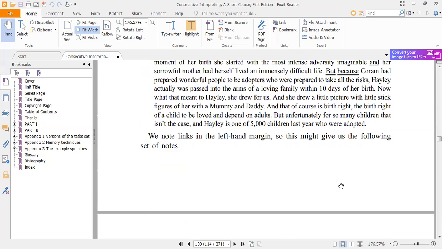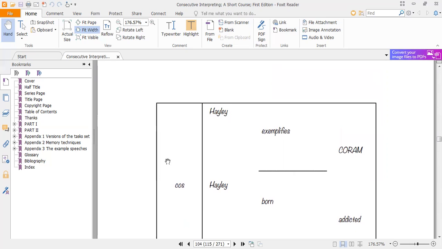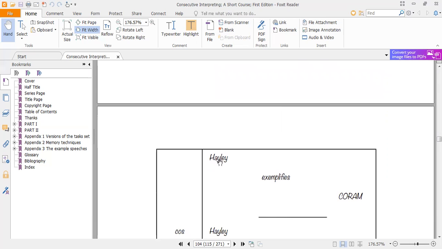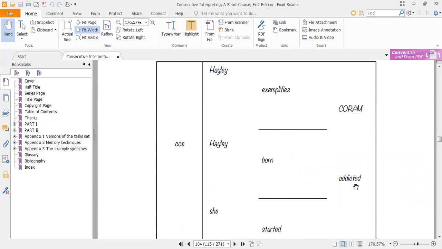How can we take them as notes? Look, we can make a margin, and in the margin we take the links between sentences as notes. This is the first sentence, this is the subject, this is the verb, and this is the object. The second sentence also has the subject, the verb, the object, as you see. And here in the margin between the two sentences we write the abbreviation of the link.